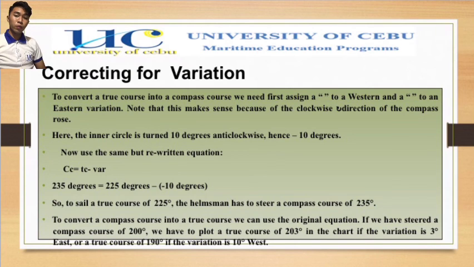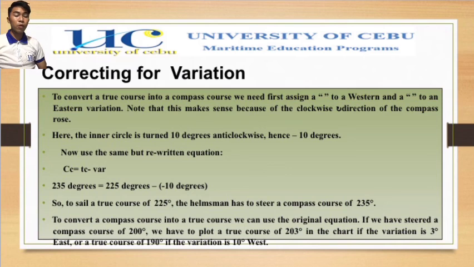So 225 degrees, the true course, plus the variation, which is 10 degrees, we get a compass course of 235 degrees. So to sail a true course of 225 degrees, the helmsman has to steer a compass course of 235 degrees.